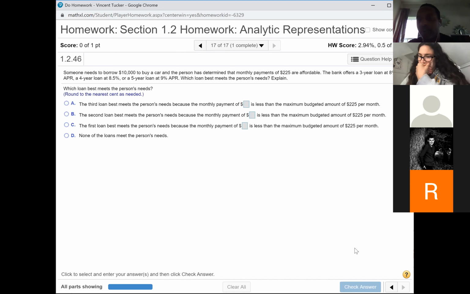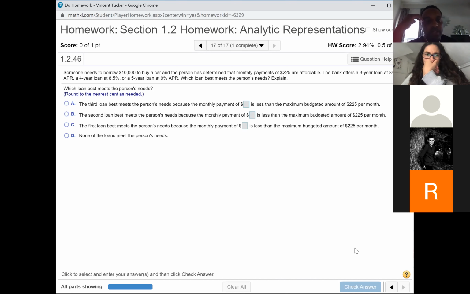You have 3 different scenarios, 3 different banks, 8% APR at 3-year, 8.5% APR at 4-year, and then a 9% APR at 5-year. So you do each one of those individually, see which one of them meets your monthly payment, because you only can afford $225 per month, and then according to the wording.